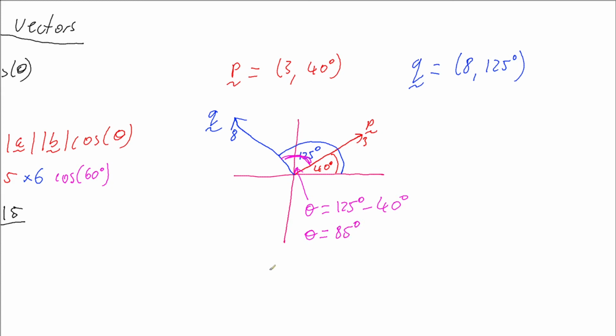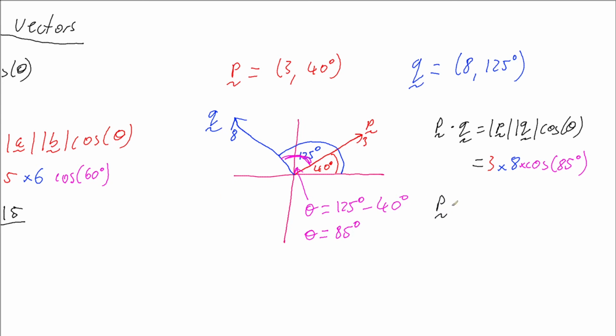Now I can go to our rule. The dot product between P and Q is the magnitude of P times the magnitude of Q cos the angle between them. Putting in our information, P has a magnitude of 3 and Q has a magnitude of 8, so we have 3 times 8, multiplied by the cos of our angle between them, which we worked out to be 85 degrees.